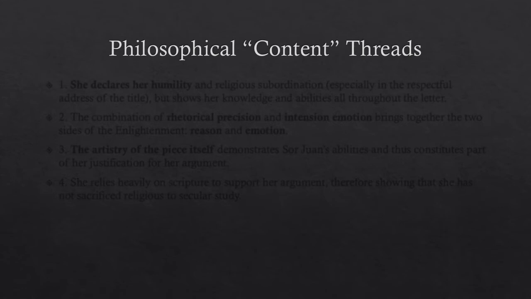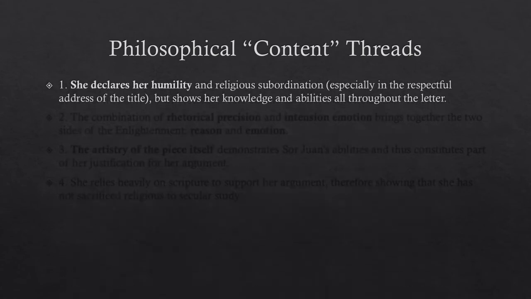So what do we see when we first look at the actual letter, her response to the bishop? She declares her humility. The entire thing is written from a very humble position. She continuously presents herself as lower than him and as submissive to religious authority.